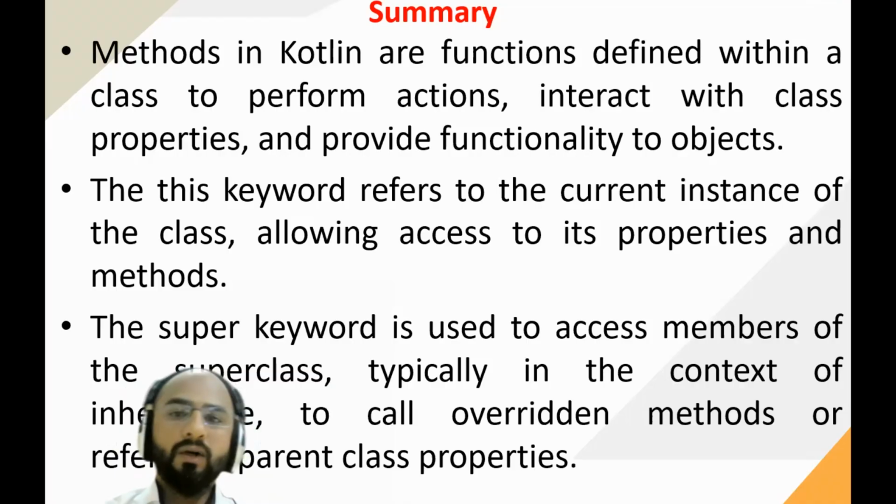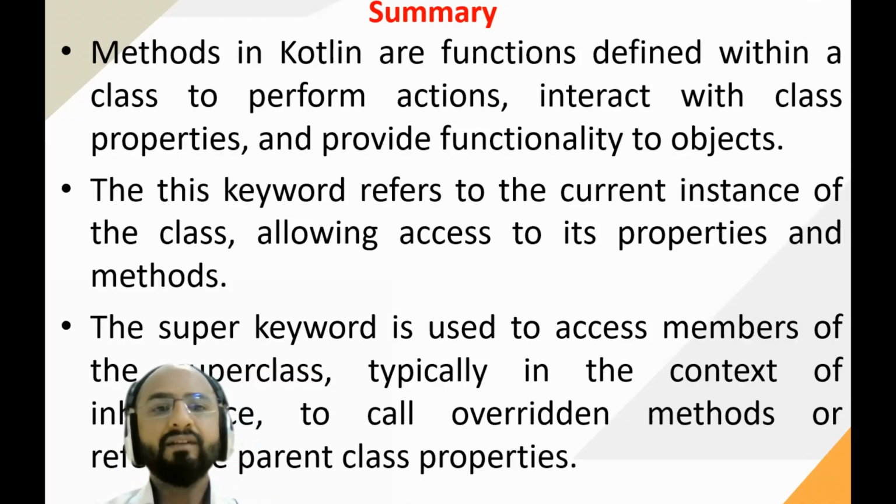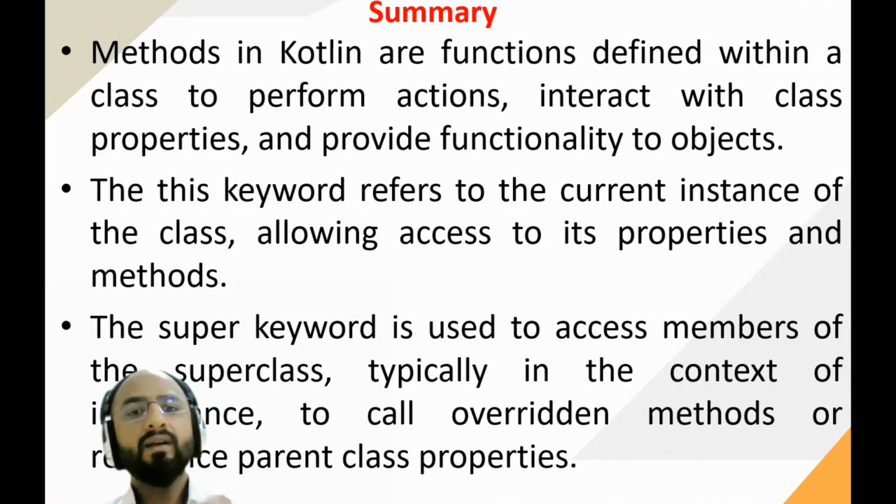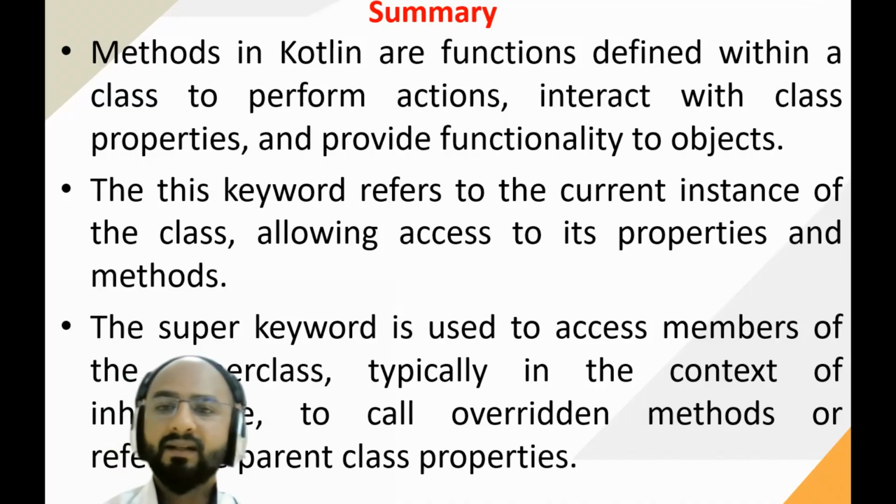A method in Kotlin is a function defined within the class to perform actions. What is a method? A method in Kotlin is a function defined in the class, and this method is used to perform particular related actions. It interacts with the class properties and provides functionality to that object.